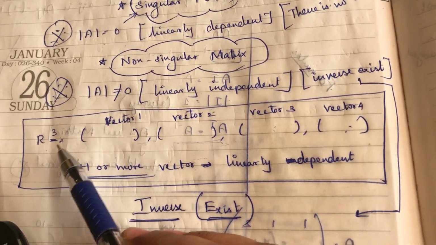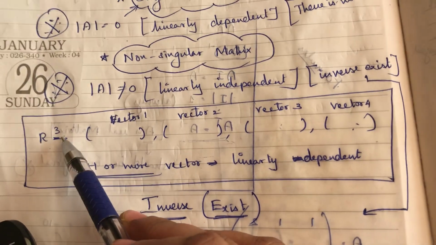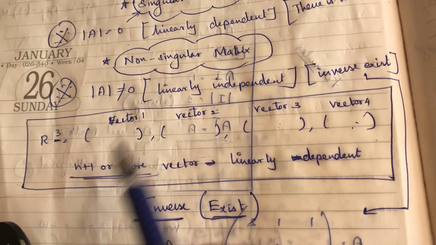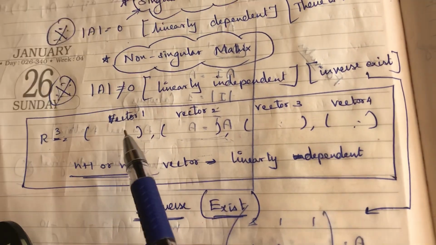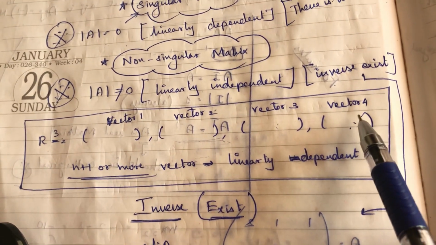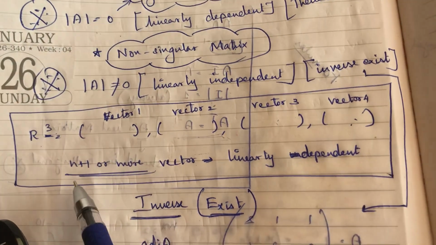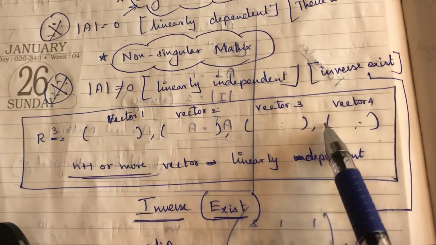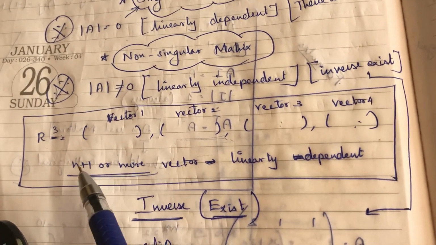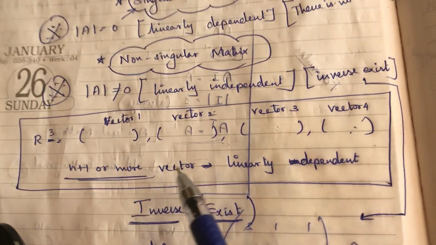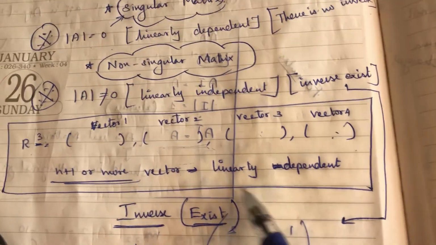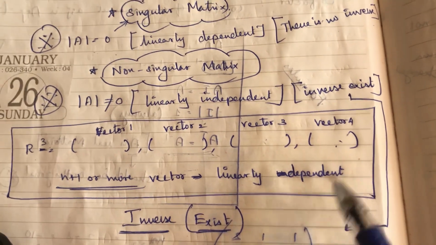So you can see if the order is n which is equal to 3, and the number of vectors is more than n, like n plus 1 which is equal to 4, they have given n plus 1 vectors here. If n plus 1 or more vectors are given, it means it is a linearly dependent set.